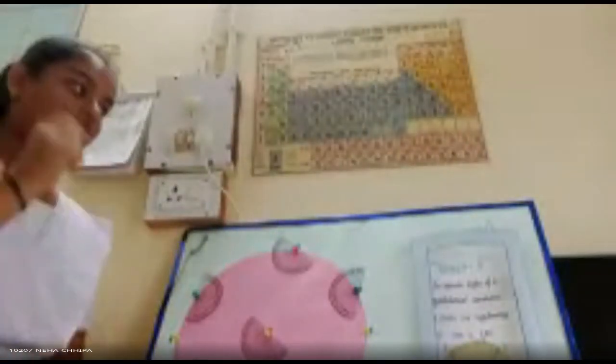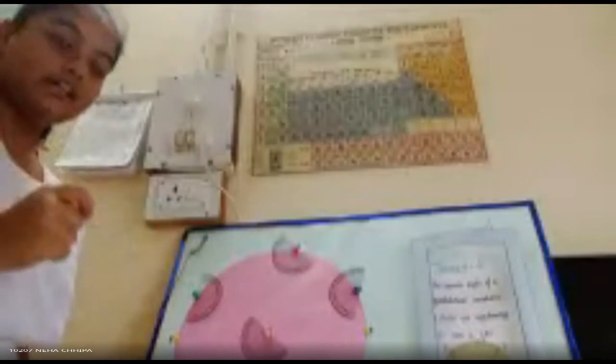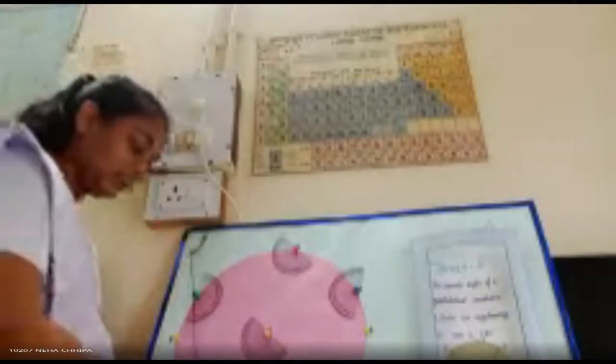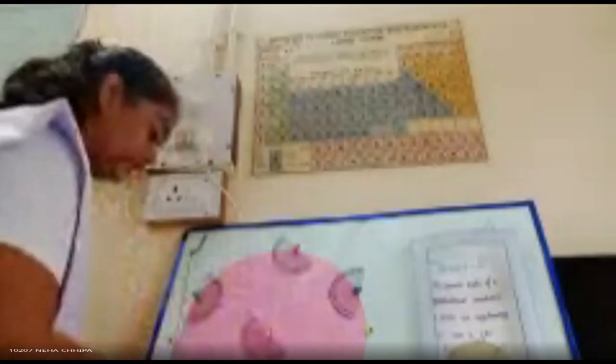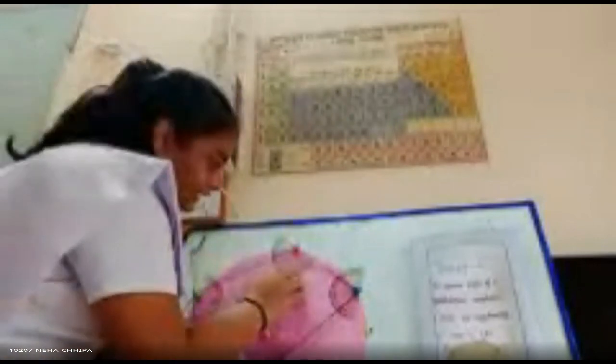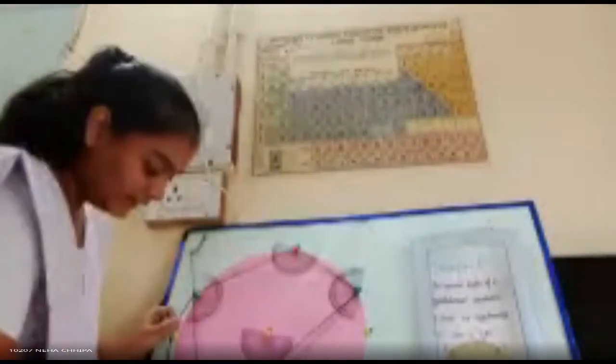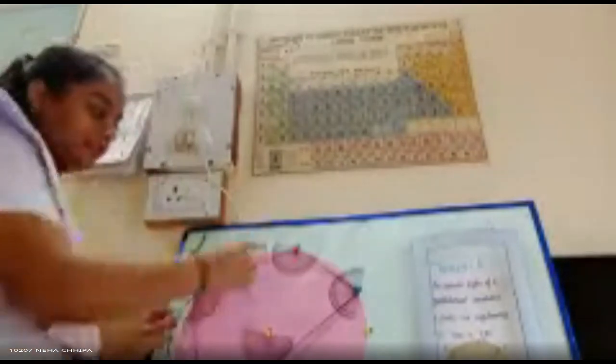And my next theorem is: the opposite angles of a quadrilateral inscribed in a circle are supplementary, that is, their sum is 180 degrees. For this I will use points E, B, A and G. Here angle A is 130 degrees and angle G is 50 degrees.